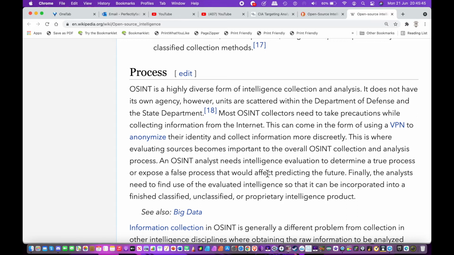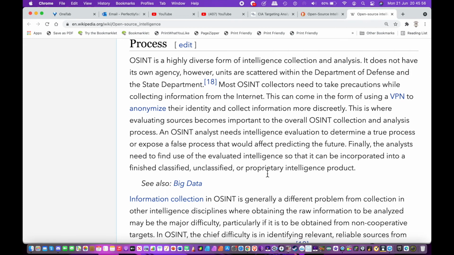This can come in the form of using a VPN to anonymize their identity and collect information more discreetly. This is where evaluating sources becomes important to the overall OSINT collection and analysis process.